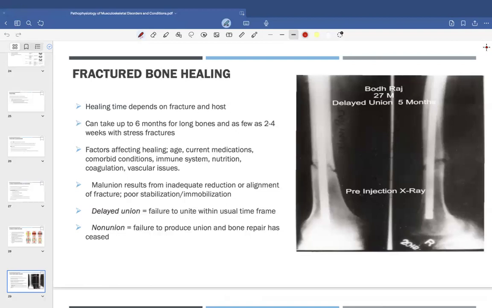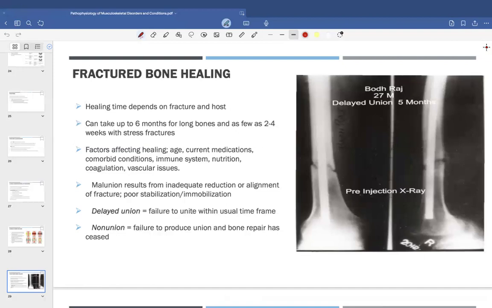Now, the goal of putting an intramedullary rod in is to align the bone fragments, right? But if they're too far apart, or there's still too much movement, or any of the other patient-specific deficits like nutrition, like overall health, it may not heal.